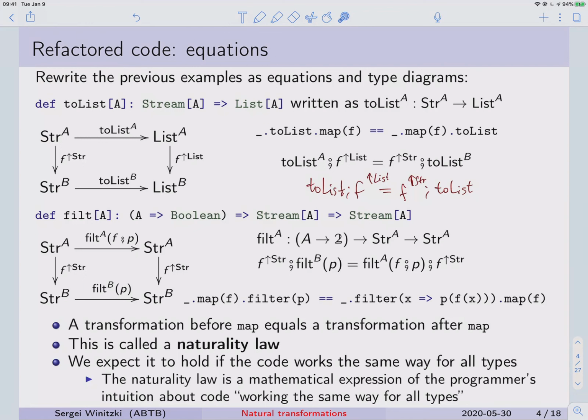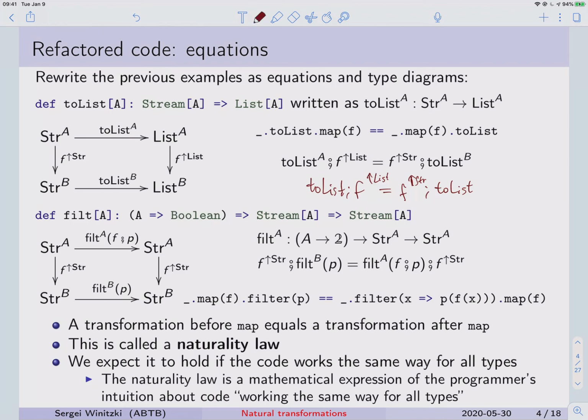Now we do the same thing for the filter. Filter has, say, this type signature, which I just chose to be curried for this tutorial. The function can be applied to a predicate, which is a function from A to Boolean. In the short notation, the Boolean type is just number 2 with some kind of fat lines.